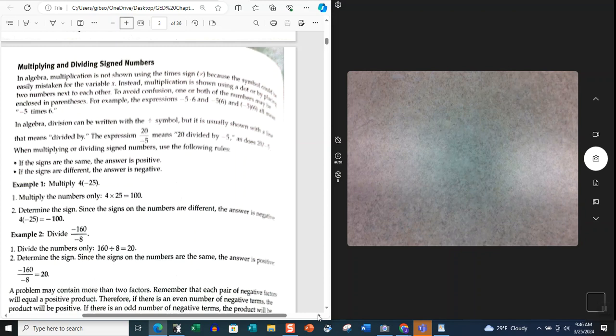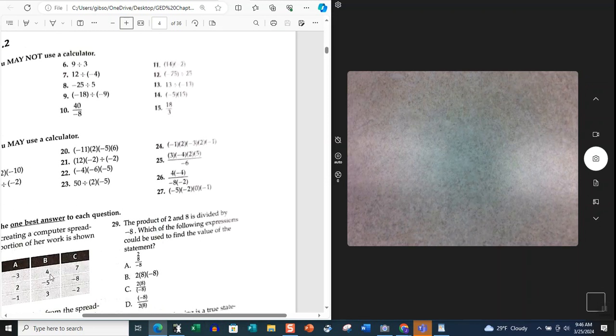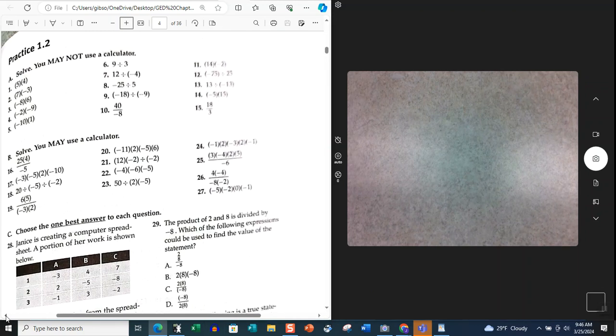The only time your answer would not be negative is if you multiply or divide using some form of zero. So what I want to do, to skip over all of this, is go to actual problems here. And that will be on the next page. So we can actually practice this.